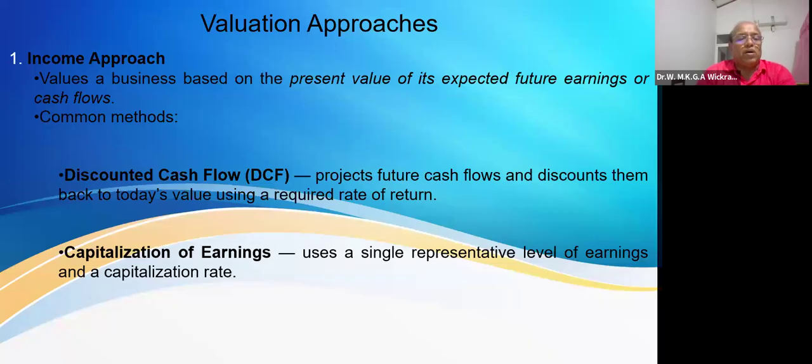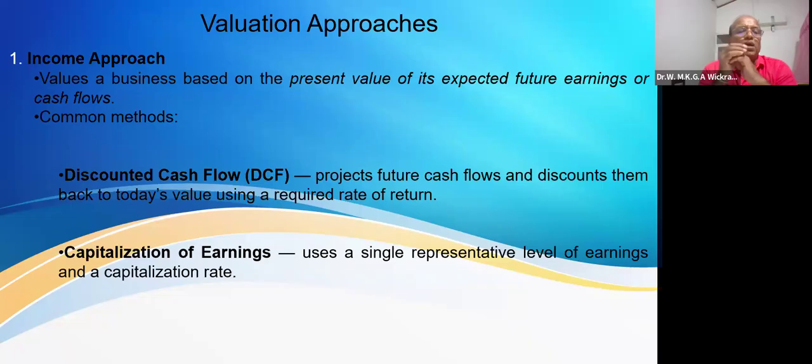Income approach means discounted cash flow. It also includes capitalization of earnings. Income approach means you consider the income generated by your organization, your business. That's why we call it the income approach. We consider only the income or cash flows. Future earnings means cash flows.